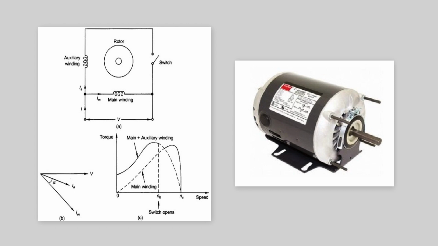The work of the centrifugal switch is that as soon as the rotor achieves its rated speed, the auxiliary winding is disconnected from the main winding, and during running condition only the main winding is connected in the stator. And the second figure is the actual picture of the resistance type split phase induction motor.